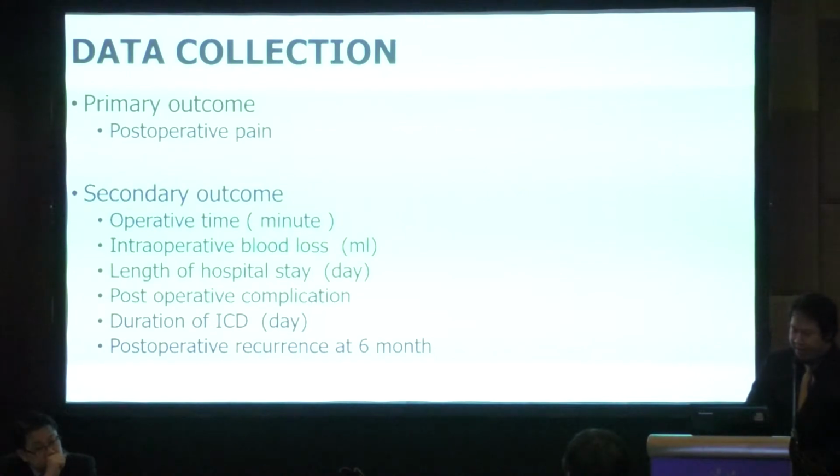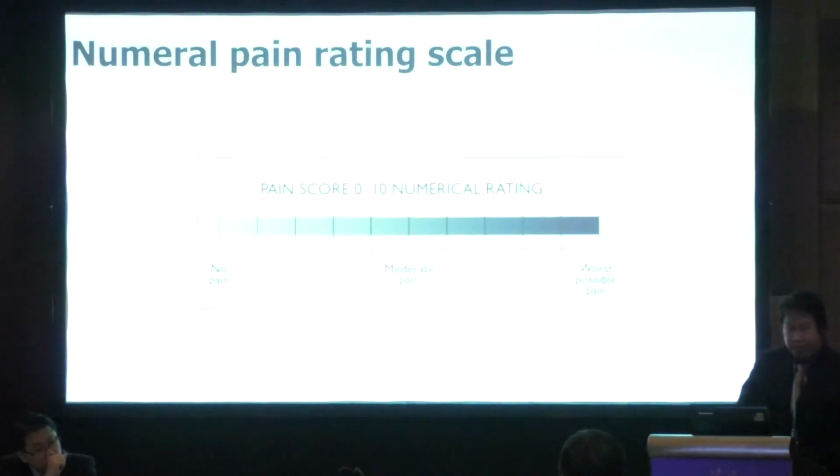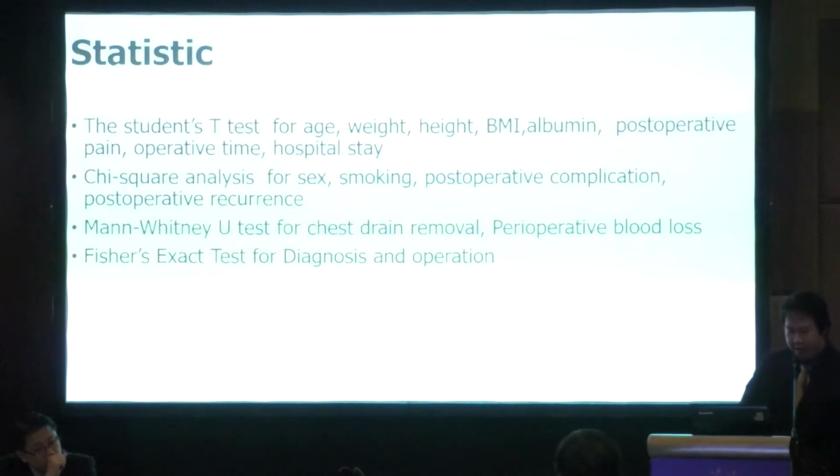The secondary outcomes are operative time, intraoperative blood loss, length of hospital stay, post-operative complication, duration of ICD, and post-operative recurrence at 6 months. I used the numeric pain rating scale to evaluate post-operative pain. My statistics are the Student's t-test, chi-square, Mann-Whitney test, and Fisher's exact test.